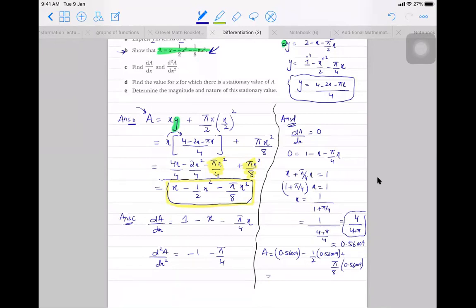What is the value? 0.499. I don't know. Is any other person getting the same value?